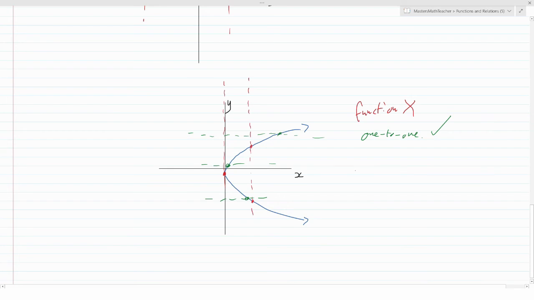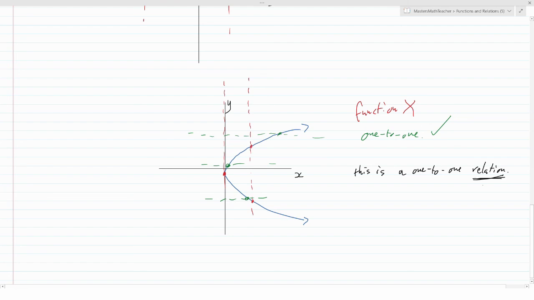So what we actually say, this is a one-to-one relation. Okay? Because it's still a set of ordered pairs, and it does pass the one-to-one test, but it is not a function. So this is a one-to-one relation.